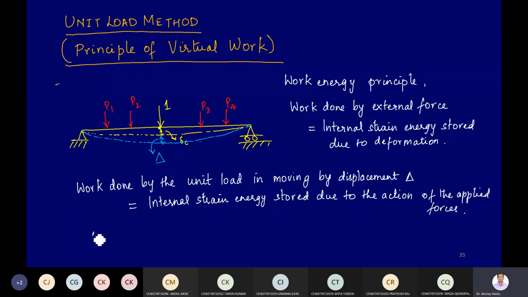So this becomes 1 into delta is equal to... Now this is for bending.